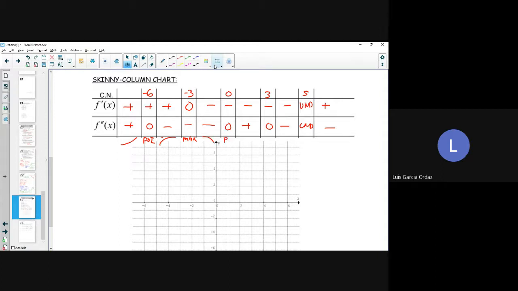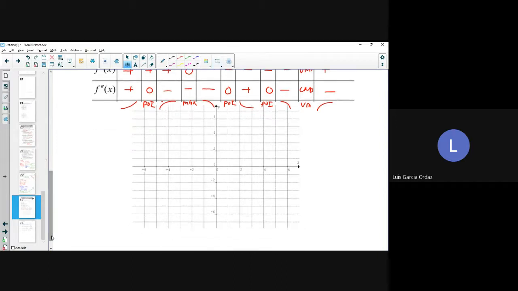I have a point of inflection here. I'm concaving up, point of inflection, concaving down. This is my vertical asymptote, and I'm concaving down. So you can use the sign chart, or you can use the way we did it already, which is just going based off each thing separately.